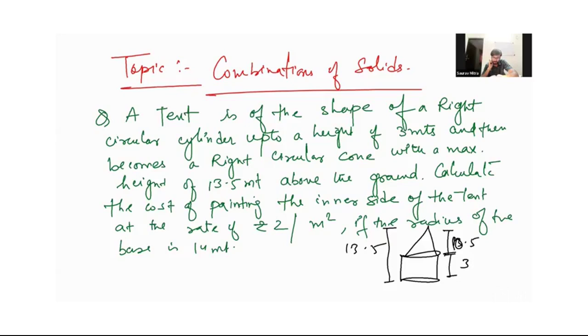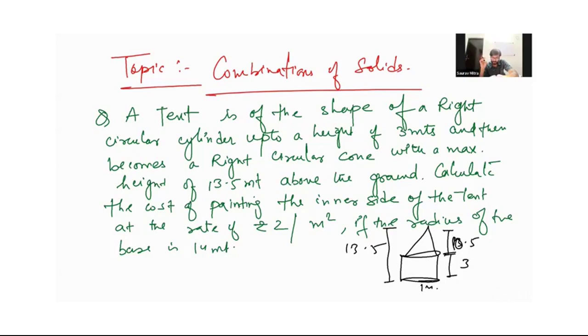Calculate the cost of painting the inner side of the tent, that means you have to paint the inner walls of the tent at a rate of 2 per meter square. The radius of the base is given as 14 meters.